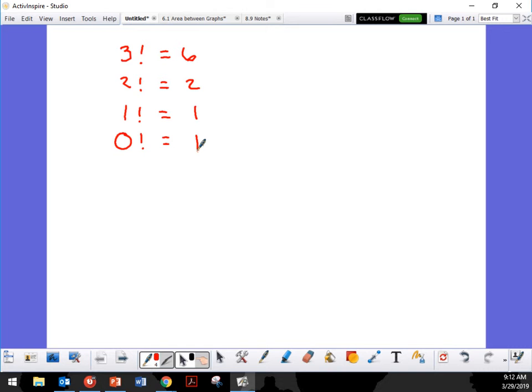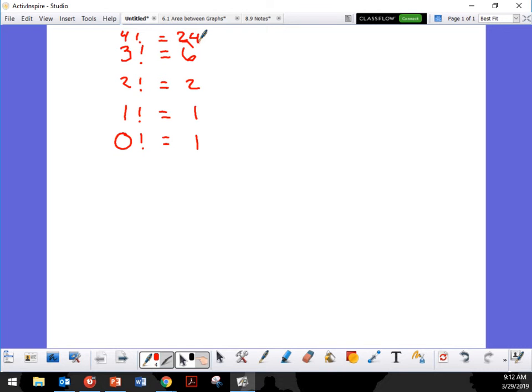Okay, so what about 4 factorial? You just multiply it by 4, obviously. 4 factorial is 24, right?